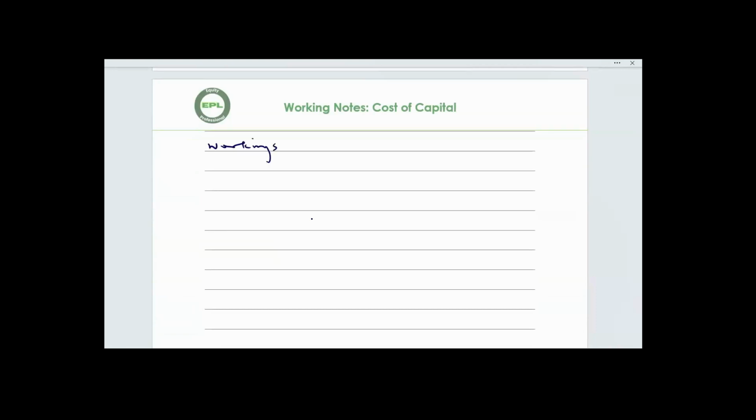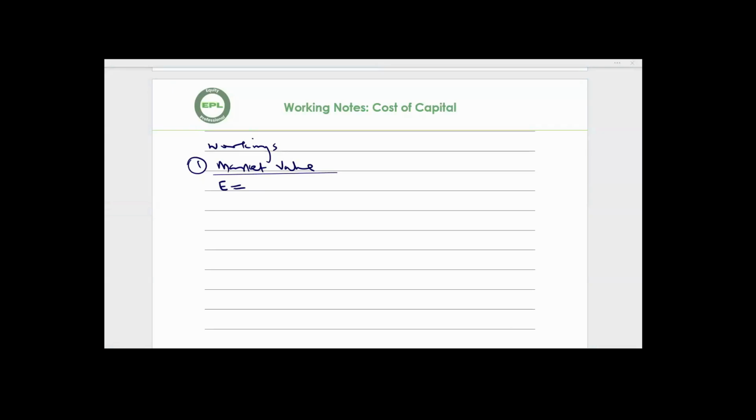So we want to calculate market value, working 1. We need to calculate equity value. The formula you are going to use to calculate your market value of equity will depend on the information you have in the question. You are given ordinary share capital of 4 million, 9 million, 3.5 million, and 5.3 million for Mississippi, Limpopo, Zambezi, and Nile.